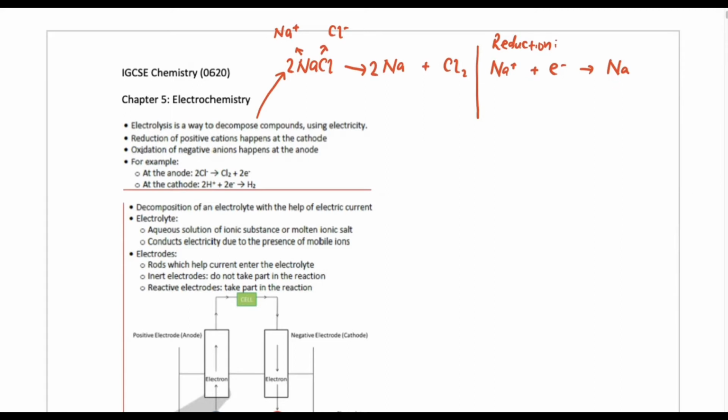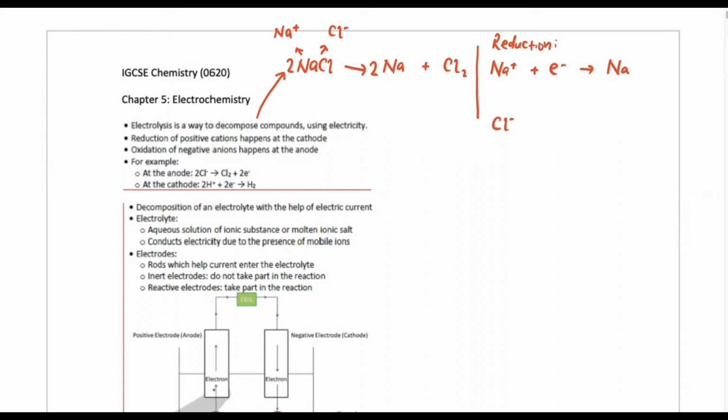Okay, so oxidation of negative anions happens at the anode. So negative anions is the Cl minus. So Cl minus will go to the anode. Anion is negative ions. They will go to anode. Anode is the positive electrode.